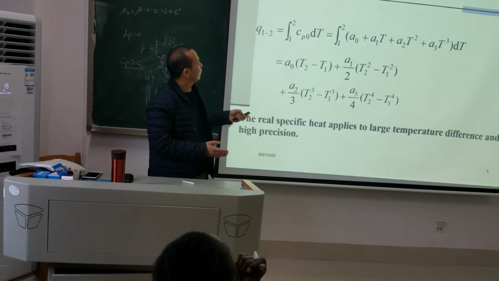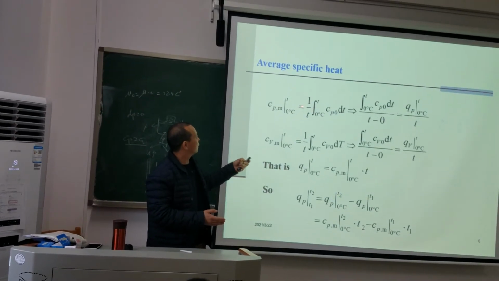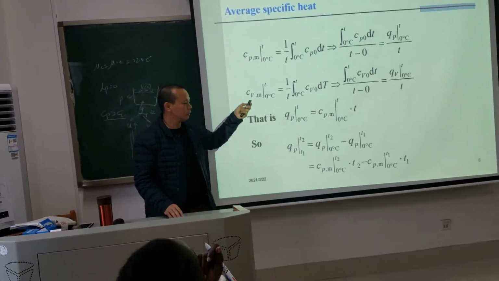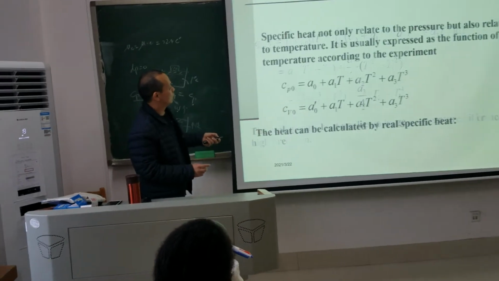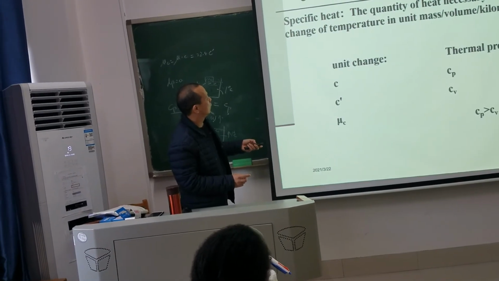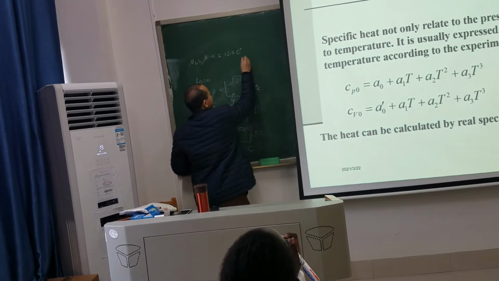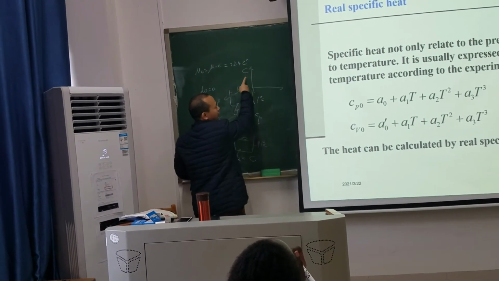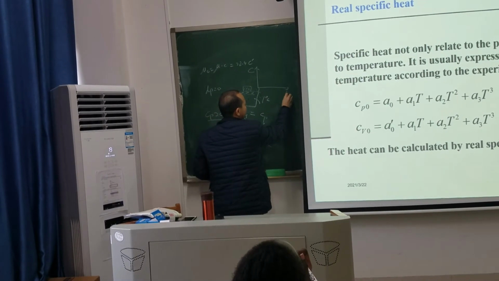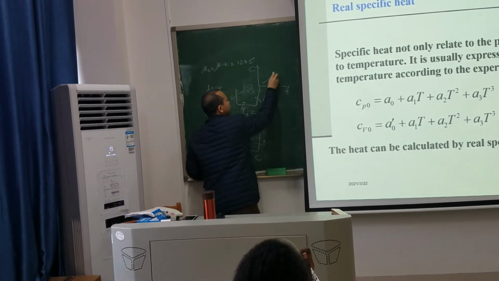And here, there is another, the average specific heat. If we use a figure, with C on one axis and temperature on the other, it is maybe like this.